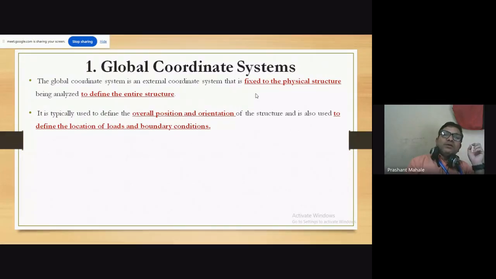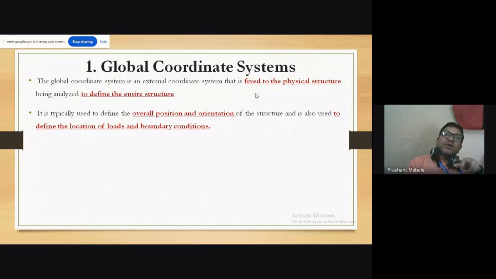How? Suppose I want to apply a force on a beam whose length is, say, 5 meters. I am going to give one zero position to that. From that zero position, suppose the force is acting at 4 meters. I am going to show that force at 4 meters.